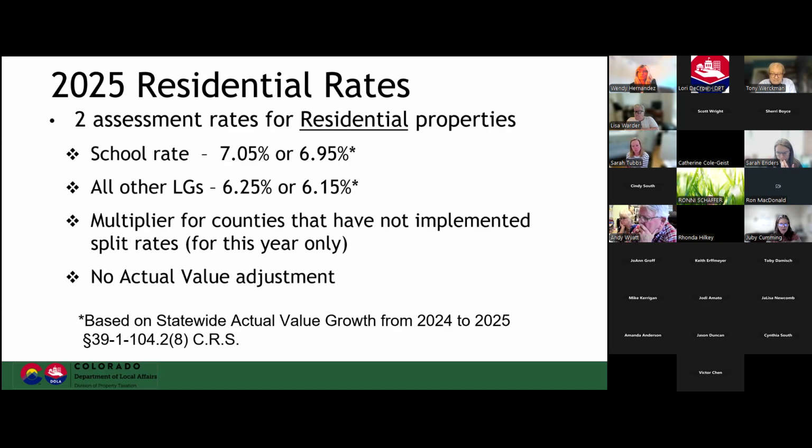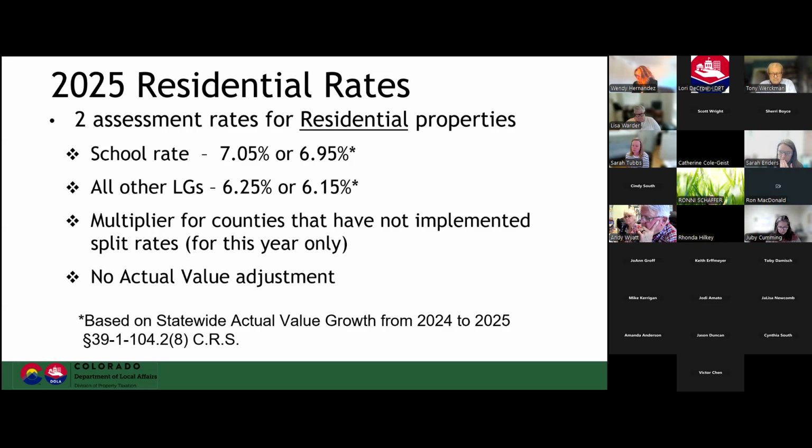I'm sorry, Andy, were you talking about the residential rate, or are you talking about all the other rates? The school rate. Okay, the school rate is at 7.05, and the process for the school rate is somewhat different. It was set at 7.05 by the State Board of Equalization in January.